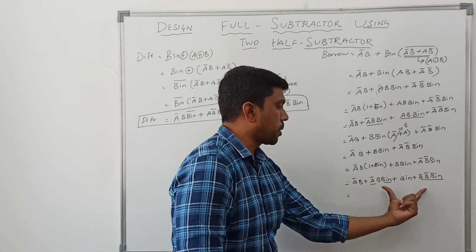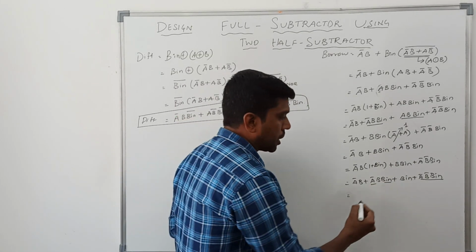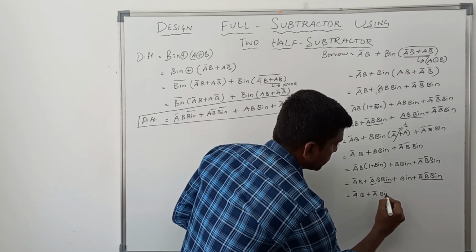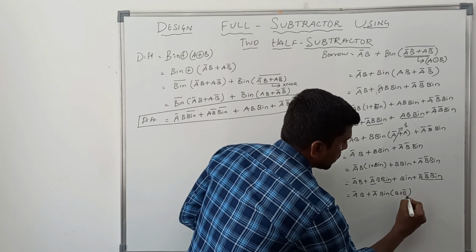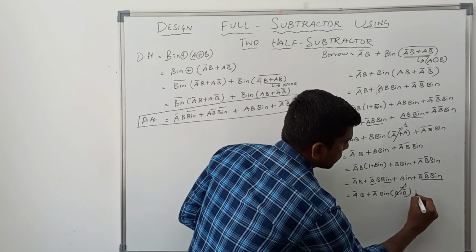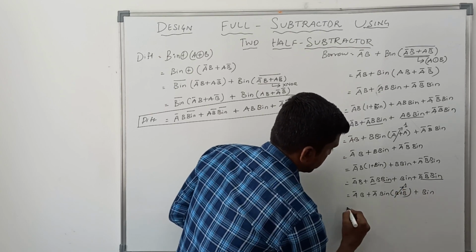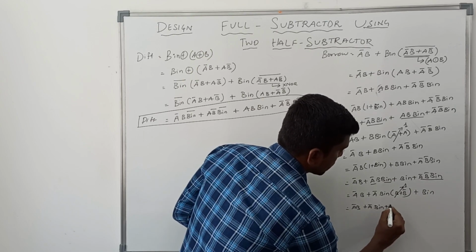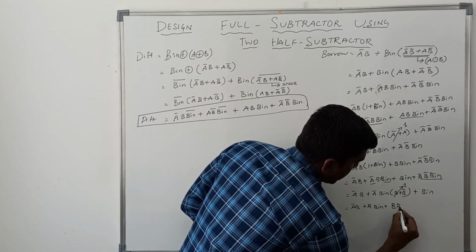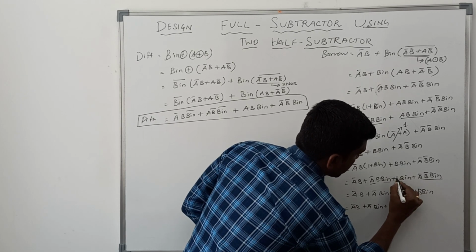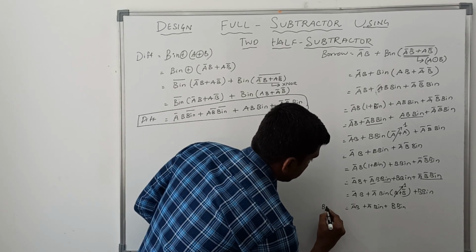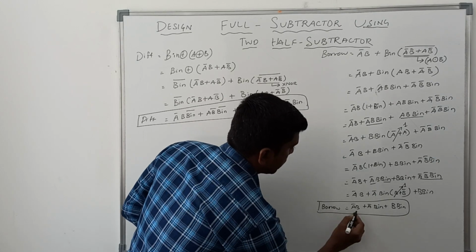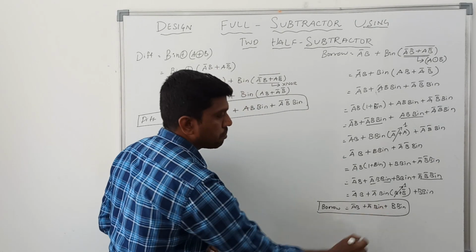Consider these two product terms, and take out the common term A bar B in. So B plus B bar equals 1. So A bar B plus A bar B in plus B in. So it is the borrow expression: borrow equals A bar B plus A bar B in plus B in.